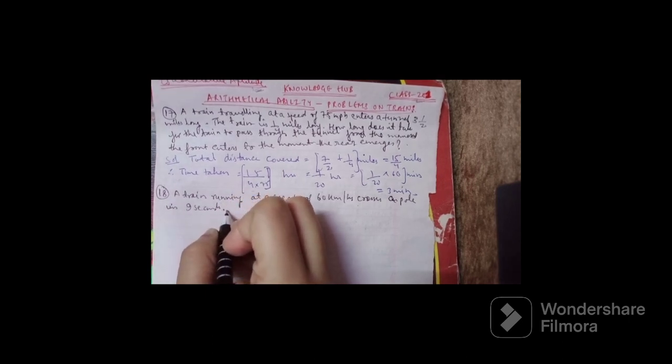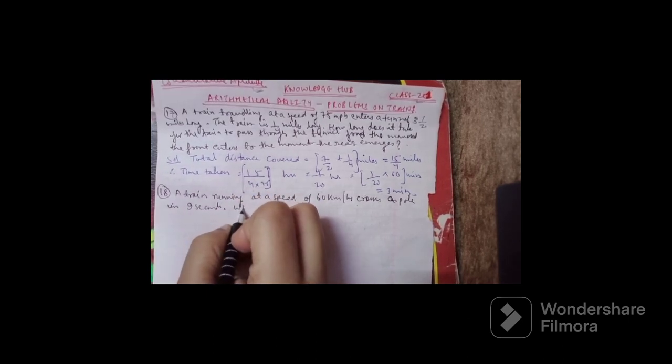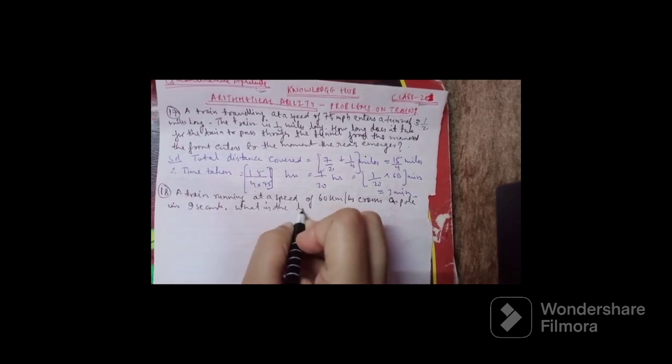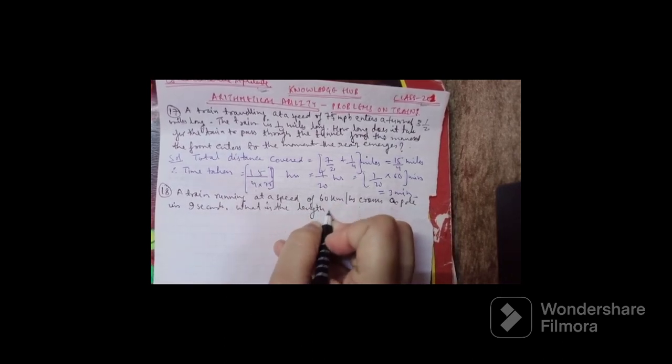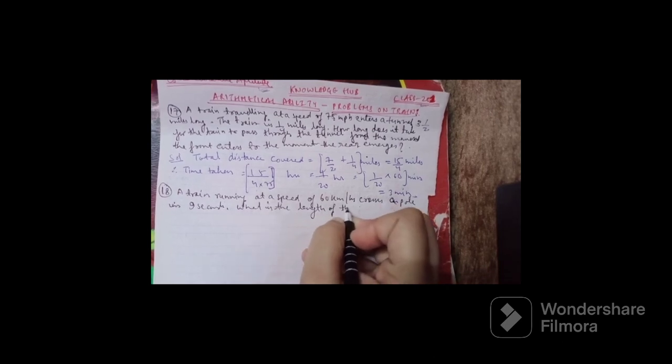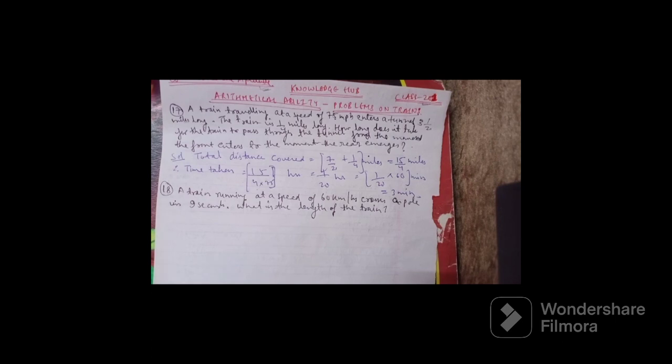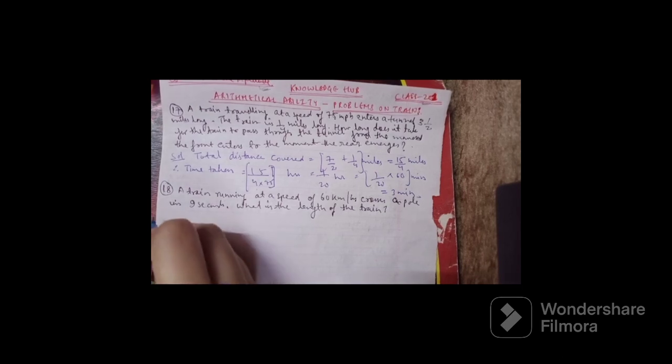What is the length of the train? This is the question. Options were 120 meters, 180 meters, 324 meters, cannot be determined, none of these. So we'll go for the solution here.